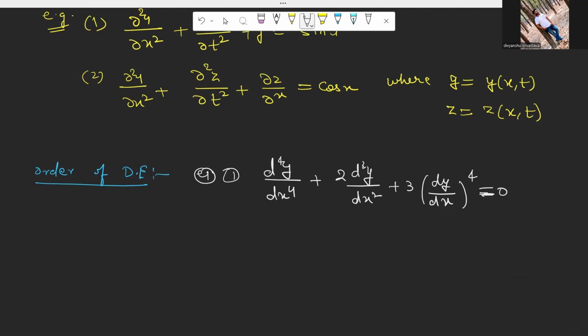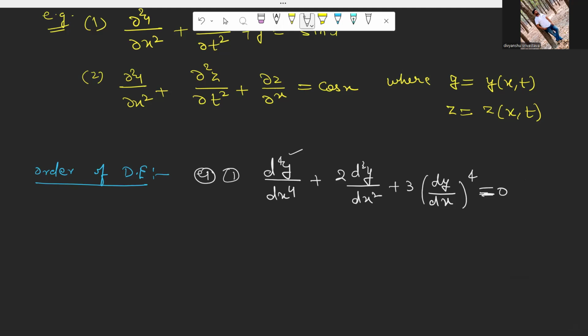Here, the definition tells us the order of the highest order derivative. So try to find the highest order derivative here first and then check the differential equation, which is called the order of the differential equation. Here the power 4 is your highest order derivative. So what is the order of this section?